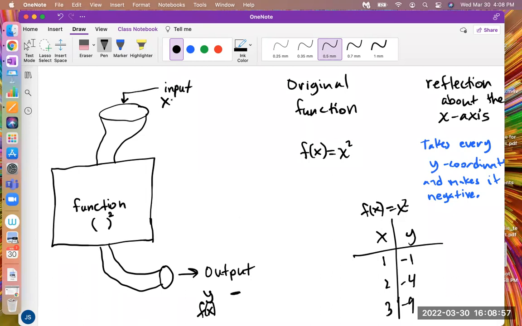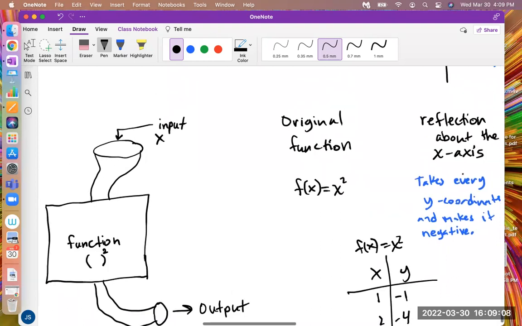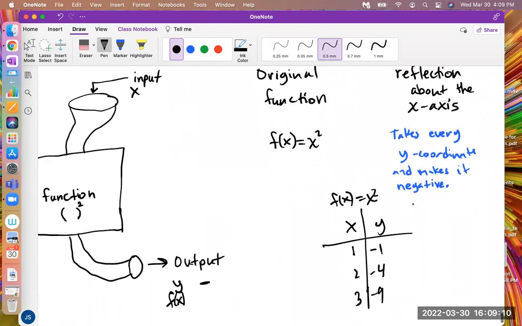So it's like the input already got plugged into the equation, it already got squared, and then we're making that answer negative. That's what we're doing when we do a reflection about the x-axis. We are making the outputs negative, because the y-coordinate is the output.